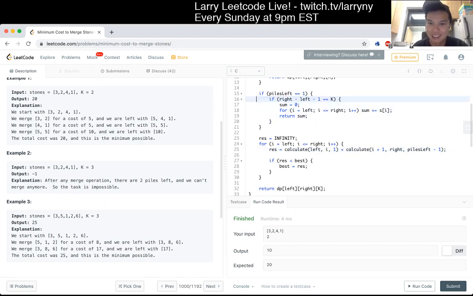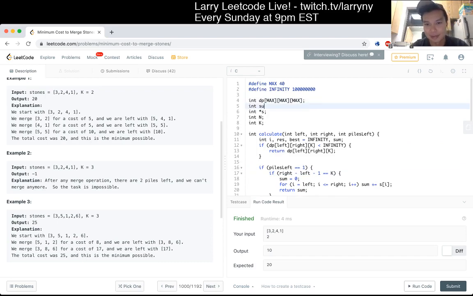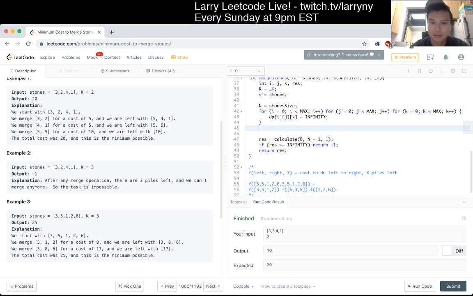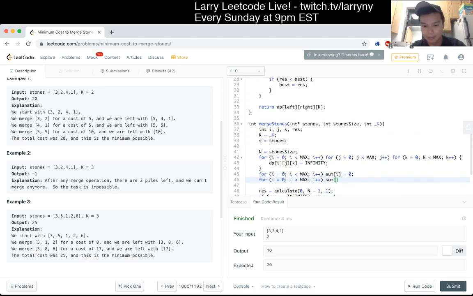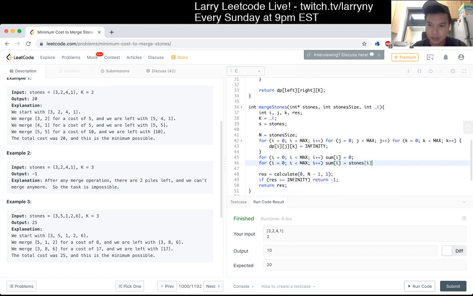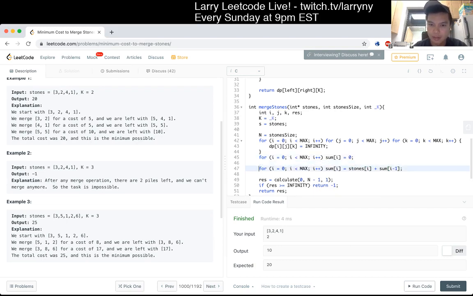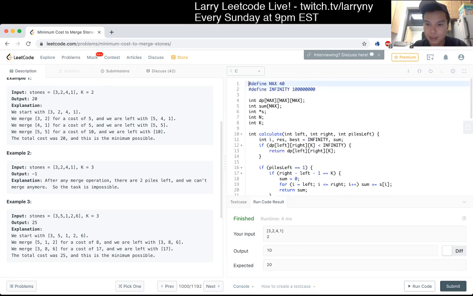I have to pre-calculate. This is just something I use a lot. I don't need that. The sum is just.